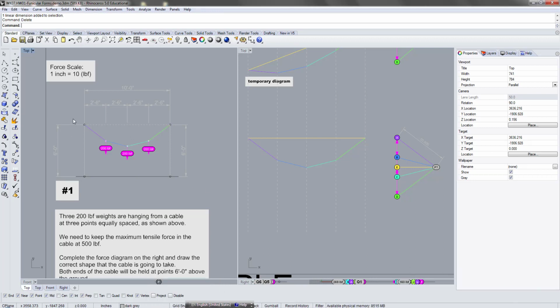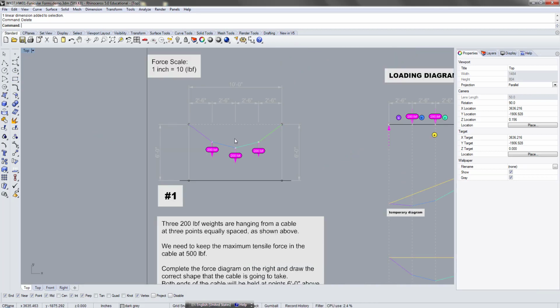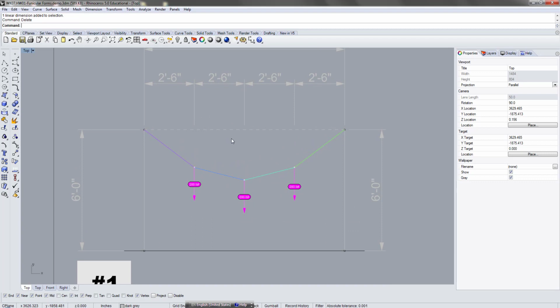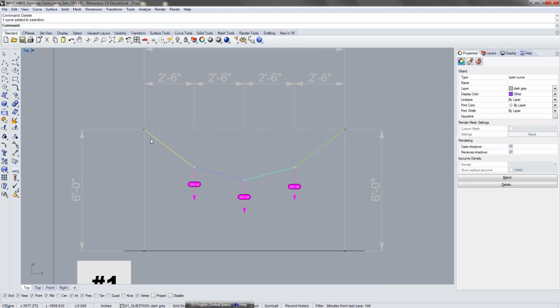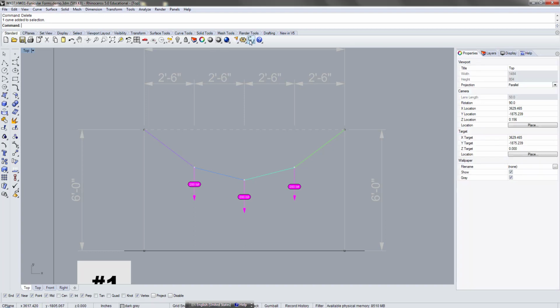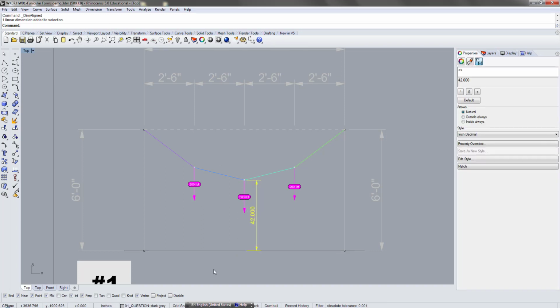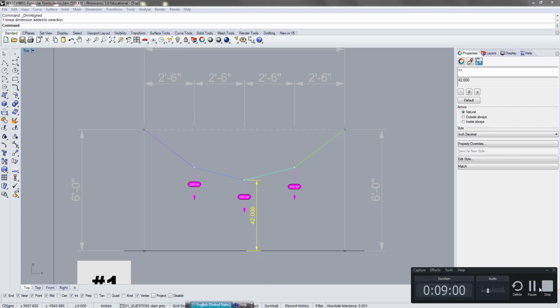So put in context, this would be the cable under this loading, given the condition that the maximum internal force is 500 pound. So the height of this is 42 inches.